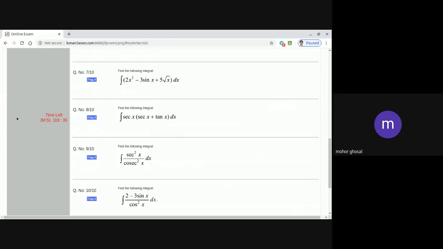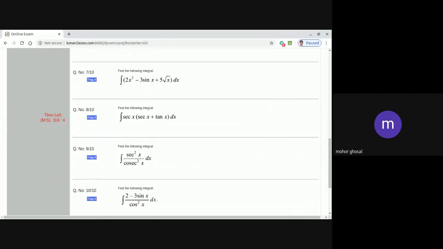Sir, I got stuck where we had to integrate sec x tan x. That part I didn't understand. Okay, so the integration of tan x sec x is sec x. Is the integration of tan x sec x only sec x? Yes, exactly. What is the differentiation of sec x, Mohor?